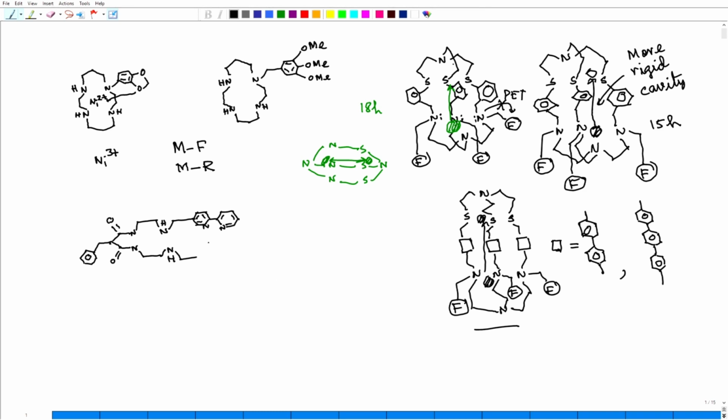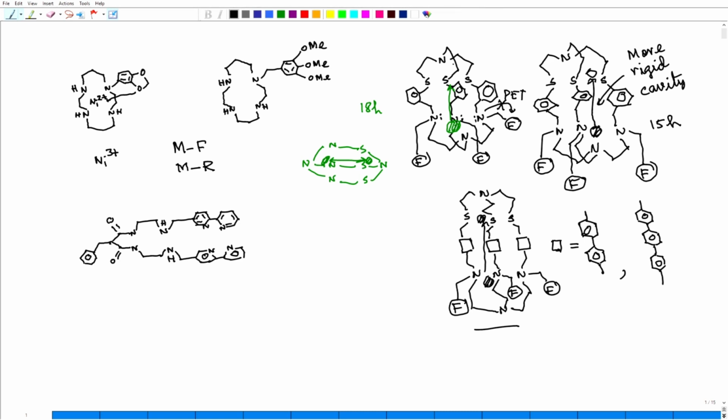By mistake, I keep on... I am trying to hurry it up and making mistakes. Let me put it this way. Okay. So, this is the compound.